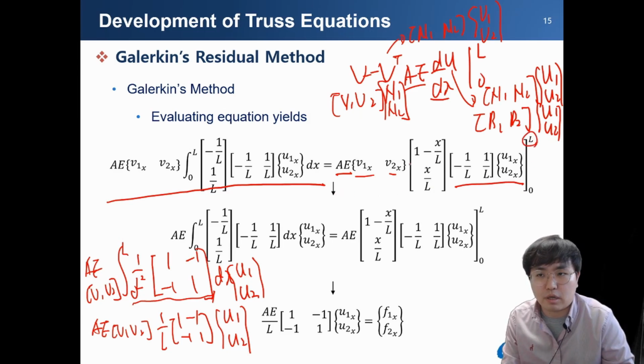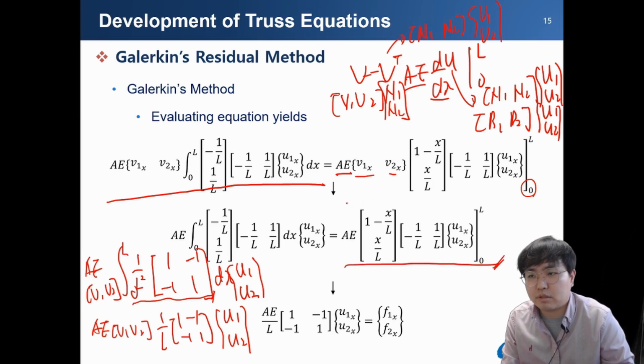Let's check: there are some x variables in here, so please add it here, and then minus, and please add it in here. After that we obtain this kind of value, but please don't forget v1 and v2.